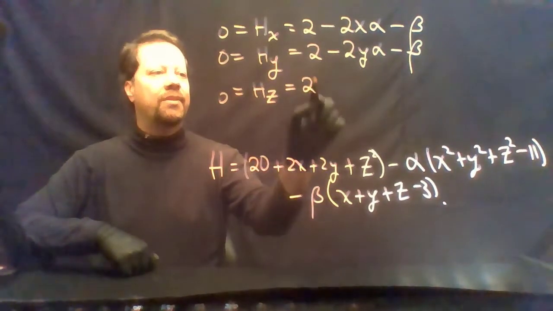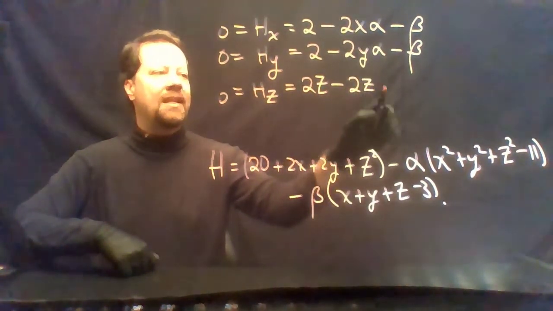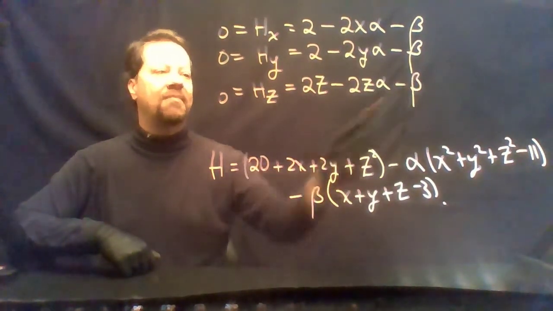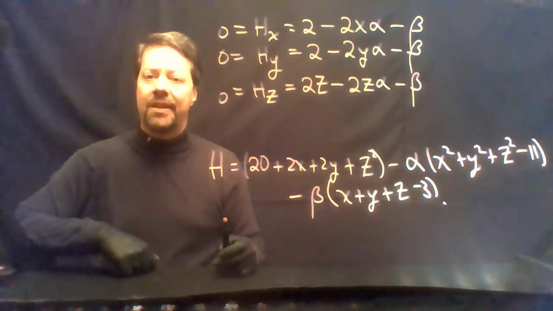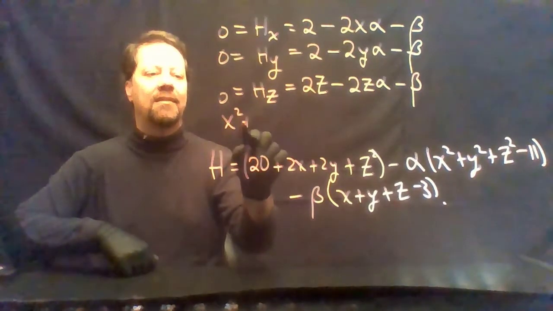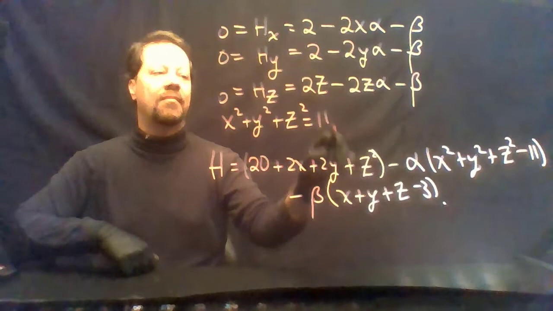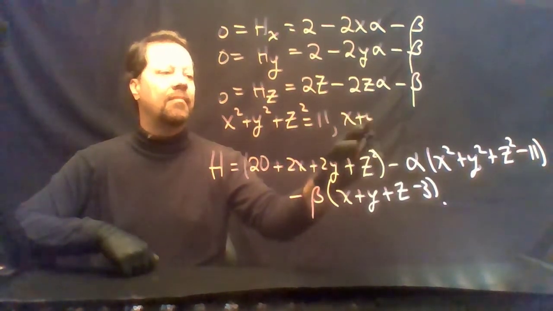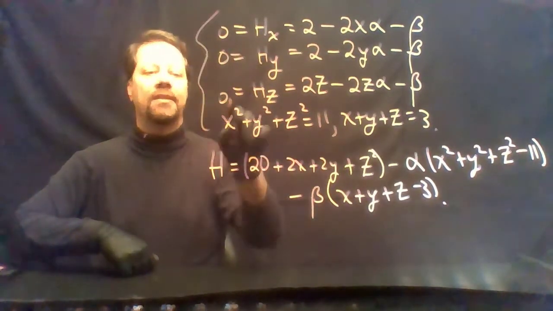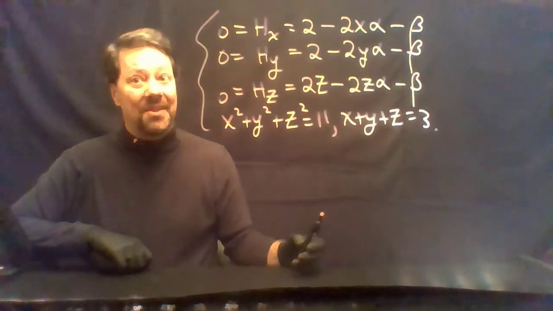And then 2z minus 2z alpha minus beta. That's 3 equations in 5 unknowns. To these we slop on the constraints, yielding 5 equations in 5 unknowns. Now to solve these equations.